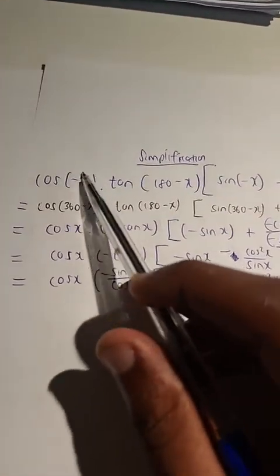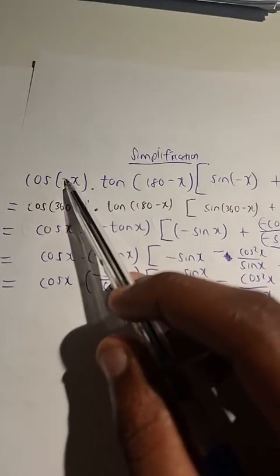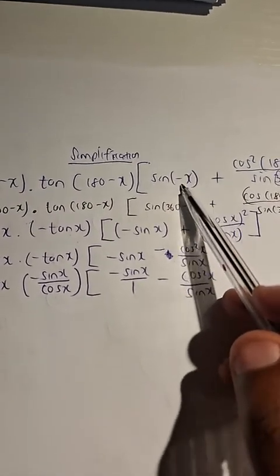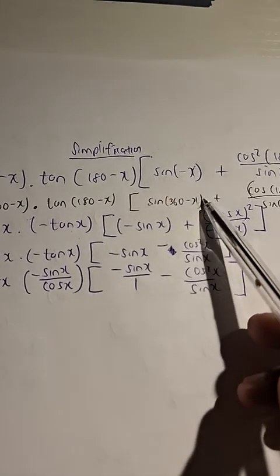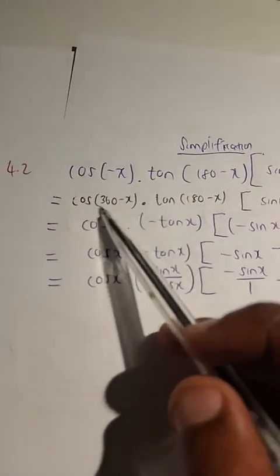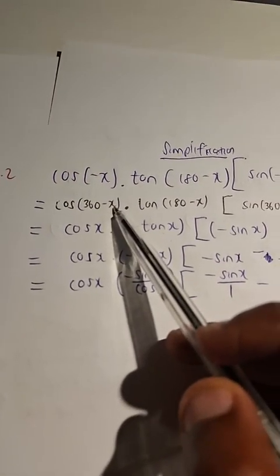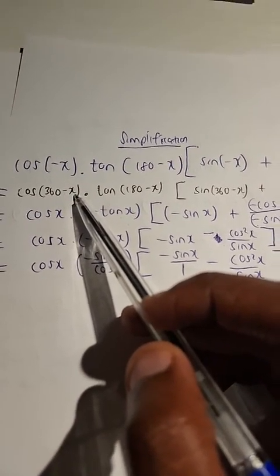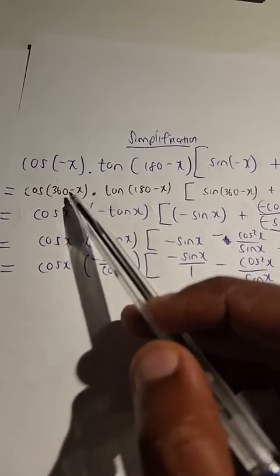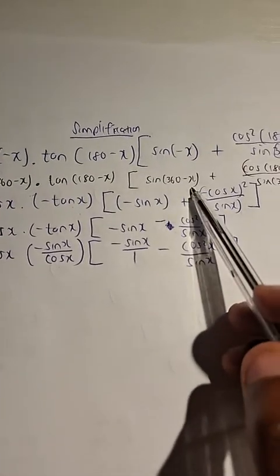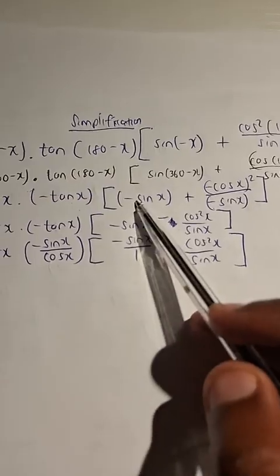I added 360 here because the angle is negative. 360 minus is a fourth quadrant phenomenon. So when I added 360 there, 360 minus x is in the fourth quadrant, cos is positive, and sine is negative.